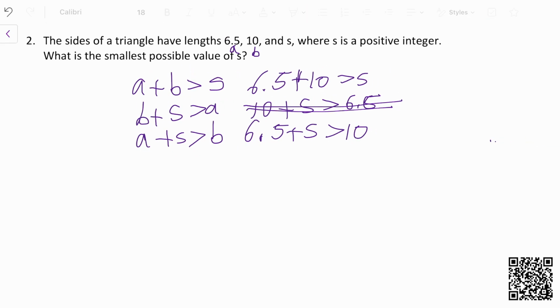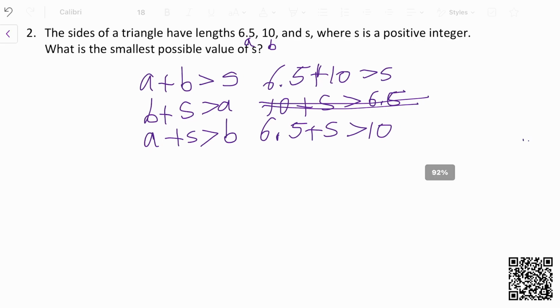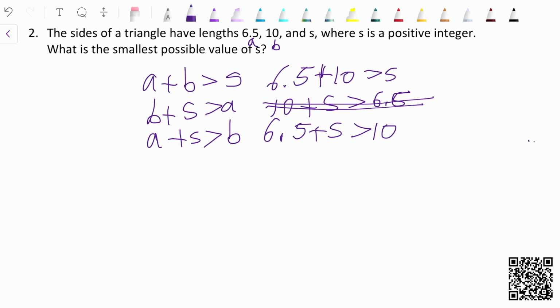So using this formula, we can calculate that in the first one, we can find that s has to be less than 16.5, which is a pretty high bar to set. And from the last inequality, we can find that s has to be greater than 3.5.